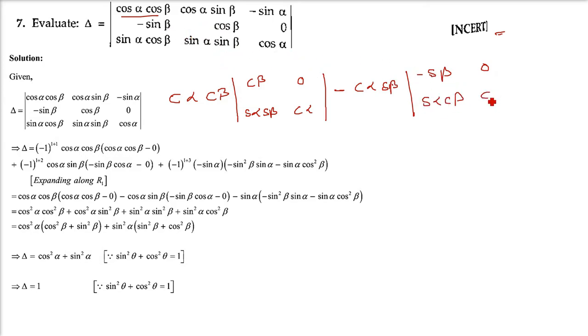And this is going to be cos alpha, plus minus sin alpha, so I am writing it as negative, and this is going to be minus sin beta, and cos beta. This is going to be sin alpha cos beta, and here sin alpha sin beta, right?